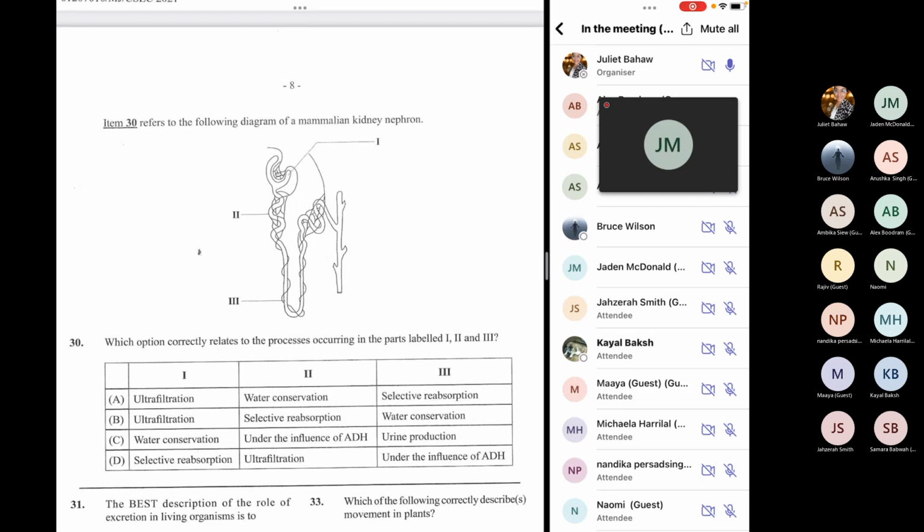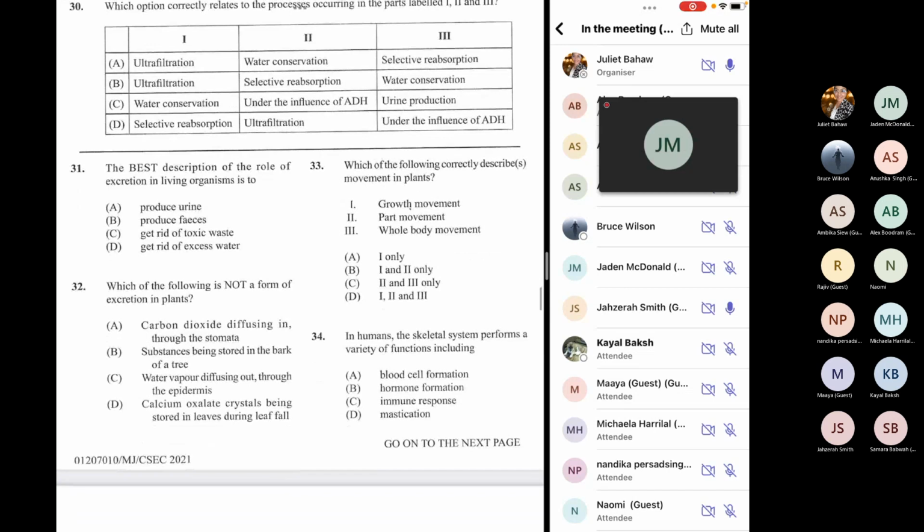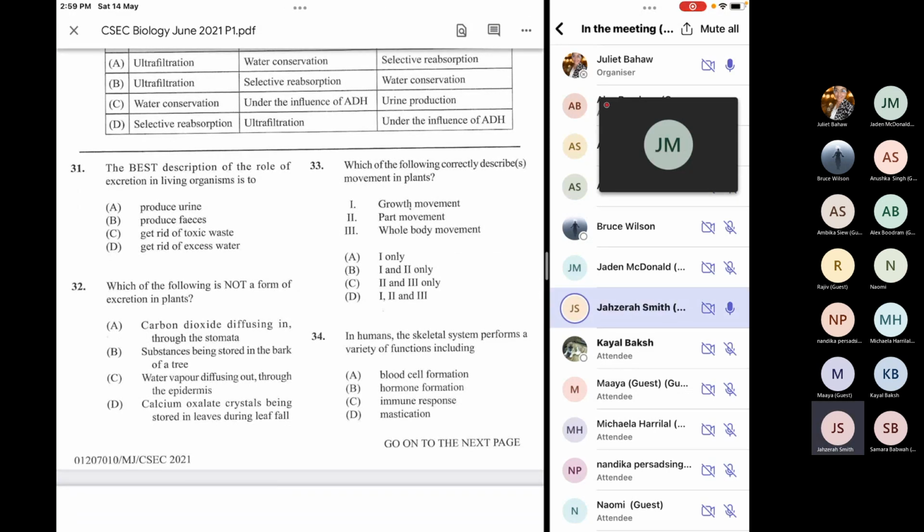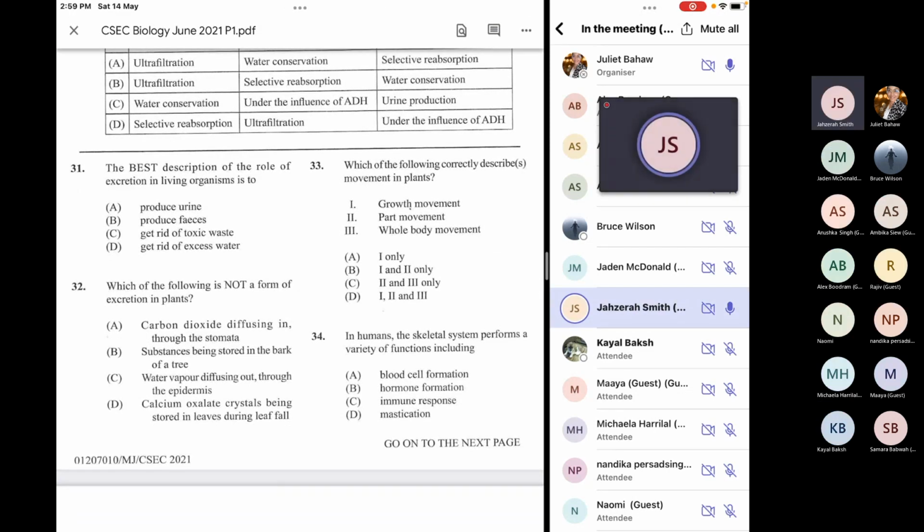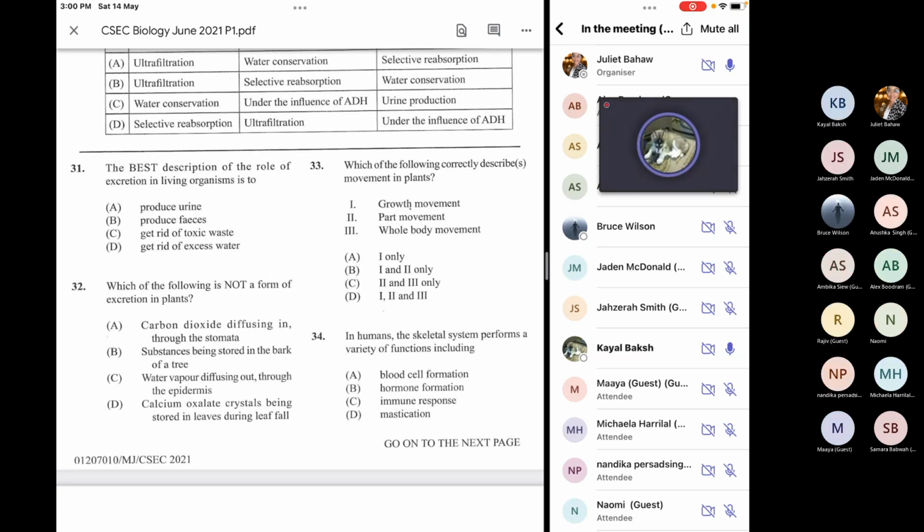Right, next person, Smith. The best description of the role of excretion in living organisms is to C. Get rid of toxic waste. Very good. Kyle, 32. Which of the following is not a form of excretion in plants?